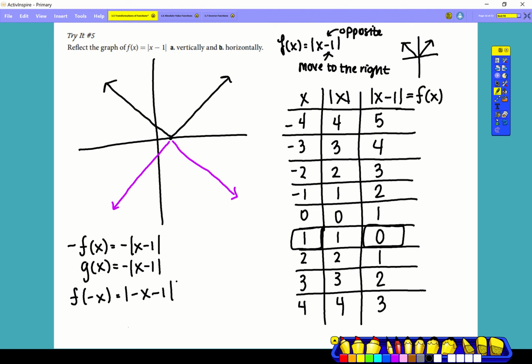So you know what? I think I'll add another row so you guys can see what's going on. It's going to flip across the y. Should flip across the y. So now we have minus x minus 1.